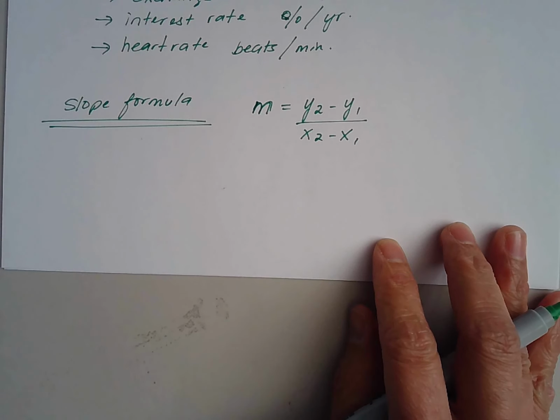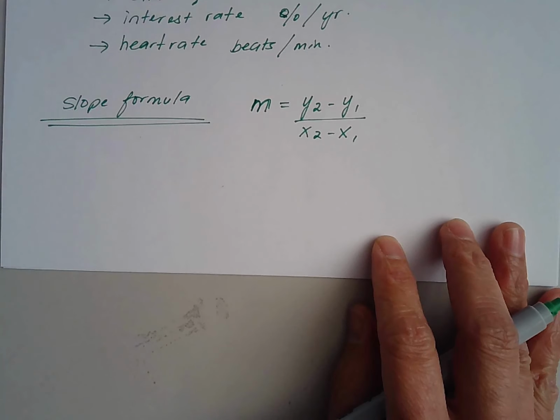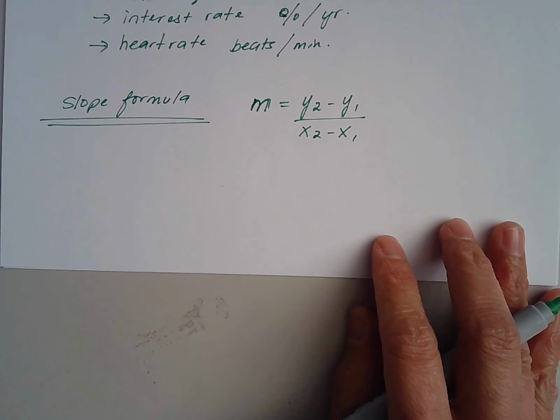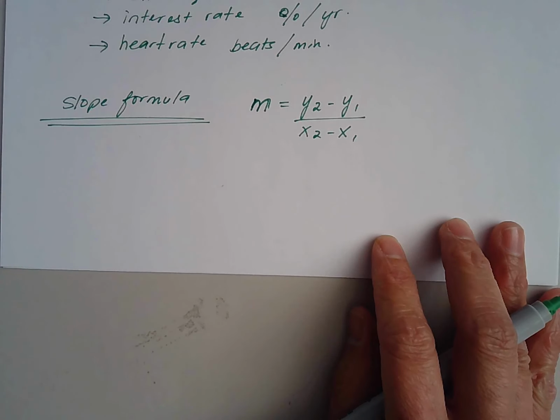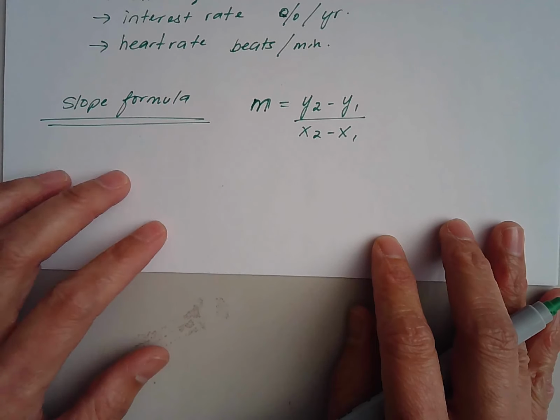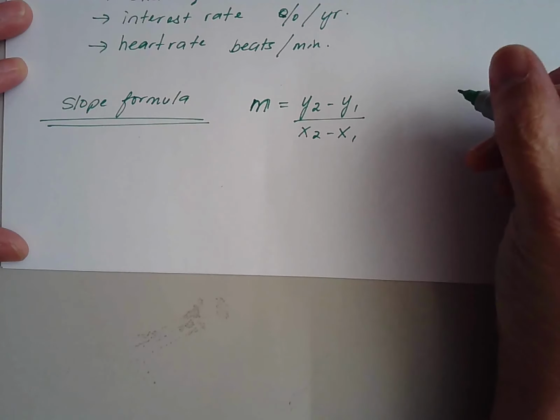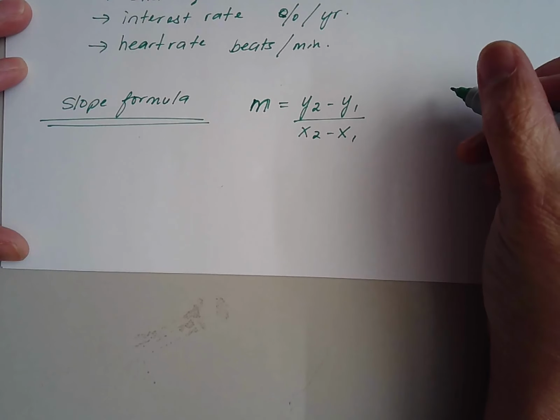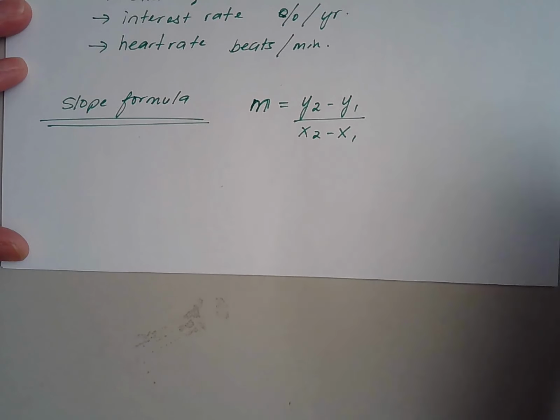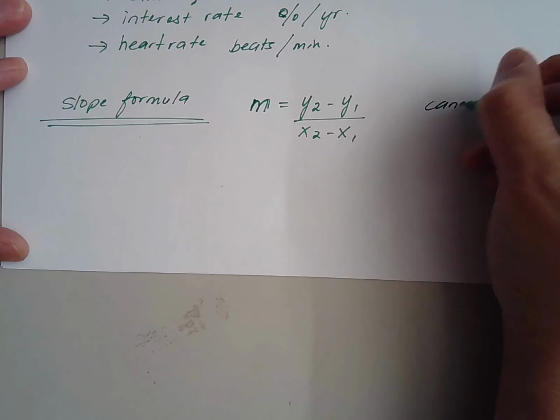But let's see if we can figure it out. I'm going to give you a context, and let me know if this is something you can relate with. Do you remember the candle? That birthday candle?